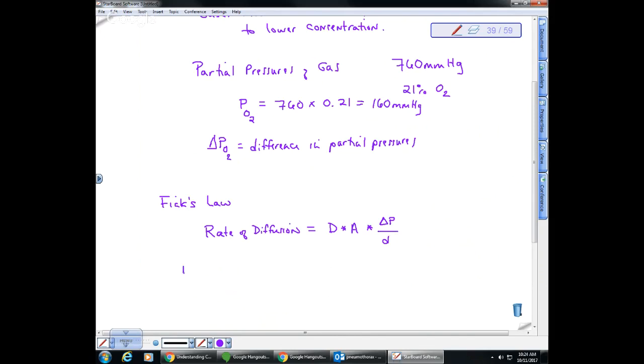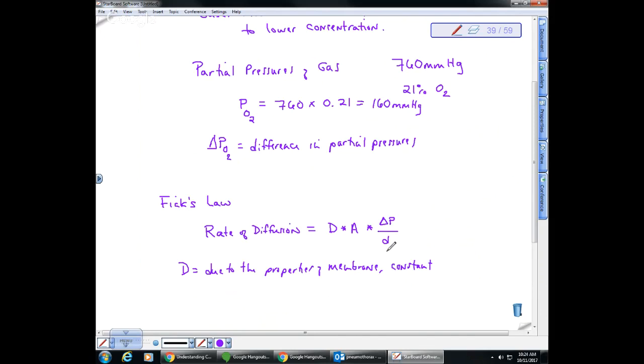components of this equation, D is a standard. This is due to the properties of the membrane, so generally we call this a constant. The membrane is the surface of the alveoli, the simple squamous epithelial tissue.